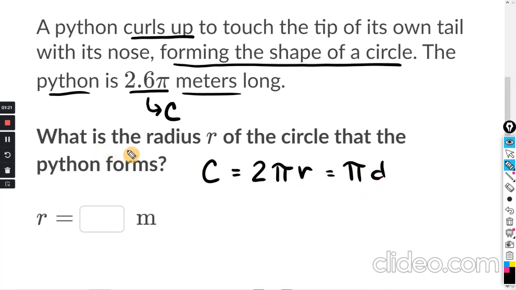Now they're asking us what is the radius r of the circle that the python forms. Since we're looking for the radius r, we need this formula, not this one. All right, they said in the write-up the circumference is 2.6 pi. So I plug that in place of C, and that equals 2 times pi times r.